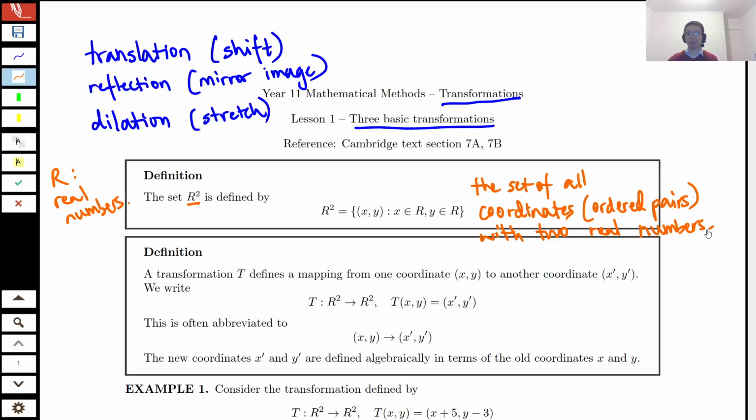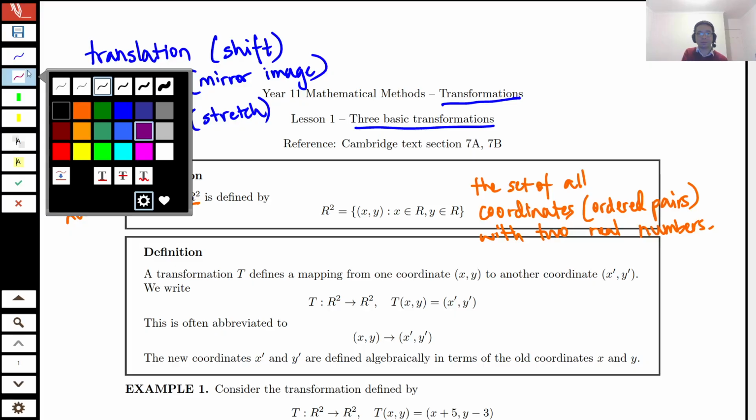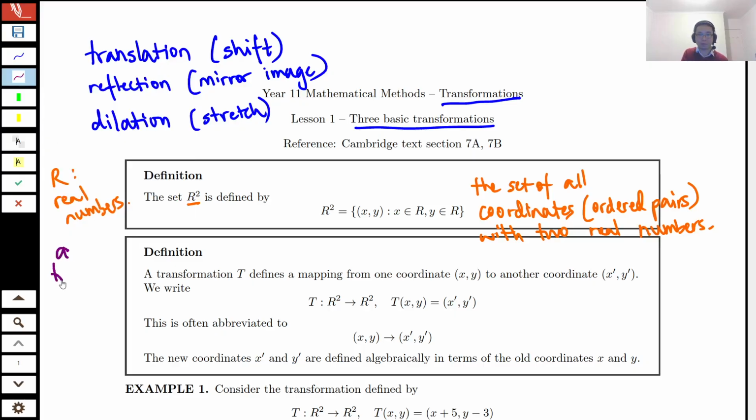So, what's a transformation? If you look at this equation here, you'll see that this is written a lot like a function. And that's because it is. A transformation is a kind of function. That's so important that I'm going to write it down.